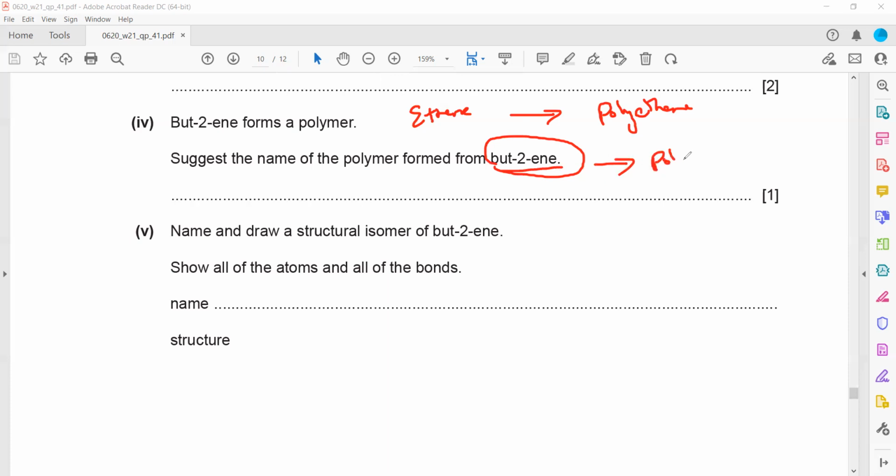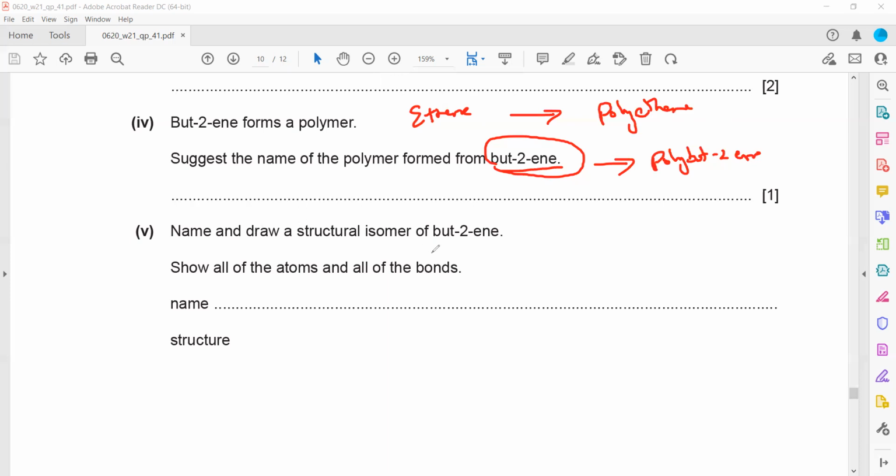It will form polybutene. The polymers are always named after their monomer, and for alkenes, it is always an addition polymer. So ethene gives polyethene, and butene gives polybutene.